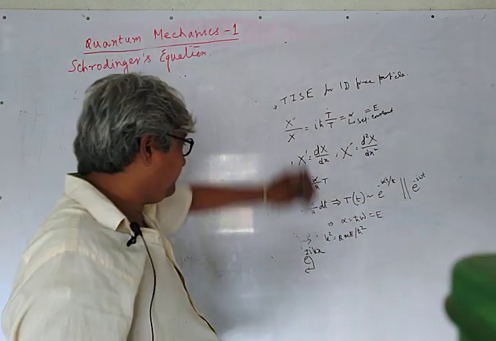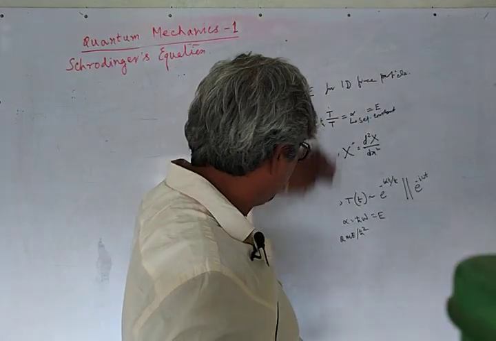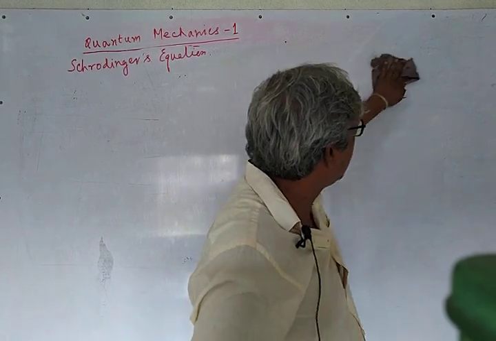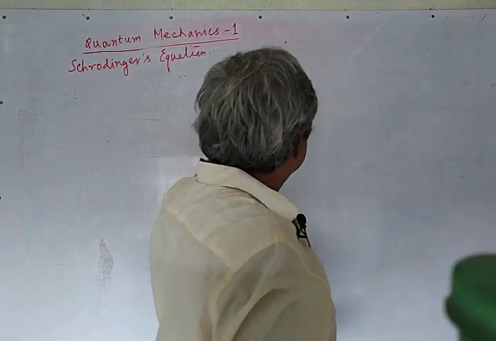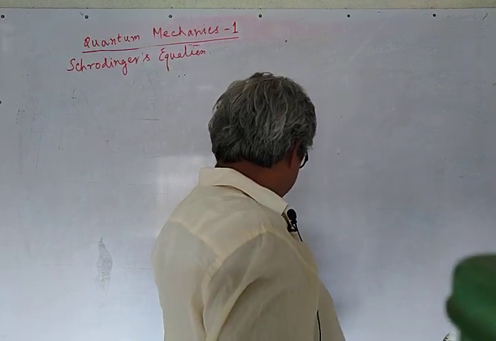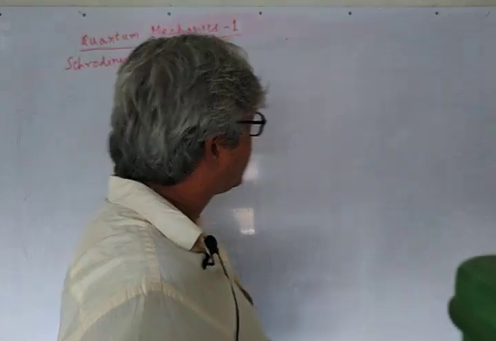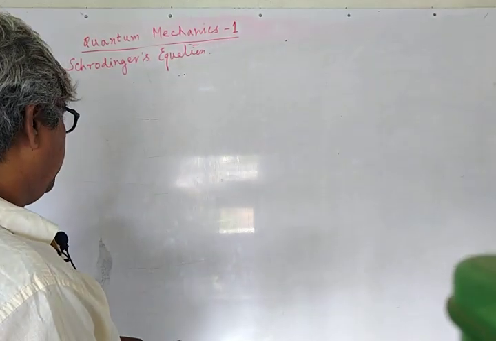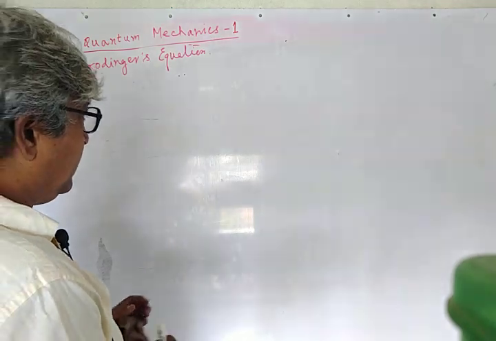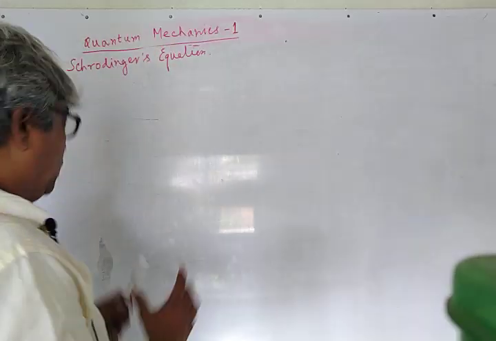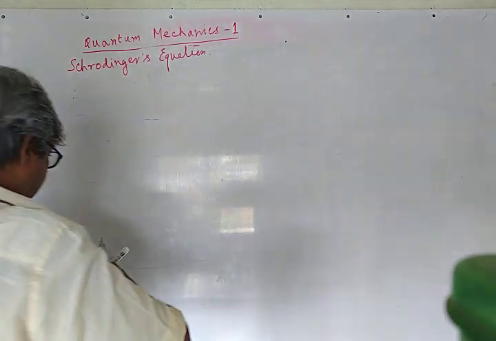If conservative, it can be represented in terms of a potential, and if it is non-conservative, then no potential function exists. The general treatment of the motion of a particle under a non-conservative force field is very tough even in the classical domain. So for the time being, we are considering only the conservative force field.